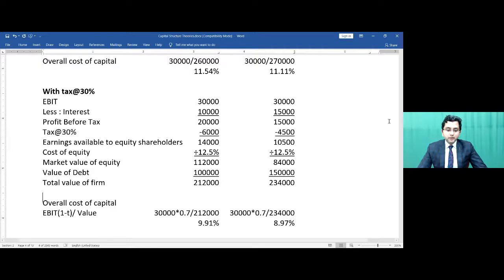And here it is reducing by 100 basis points, almost 1%. Right? So moral of the story, if you introduce income tax in net income approach, it is still perfect. With increase in amount of debt, value of the firm increases and overall cost of capital reduces. Okay.